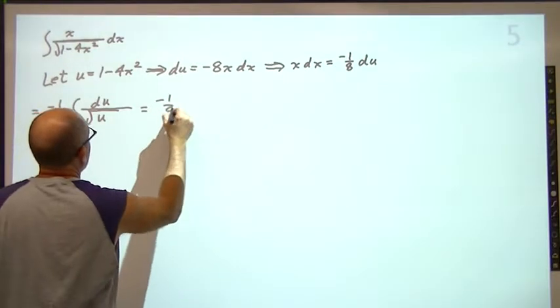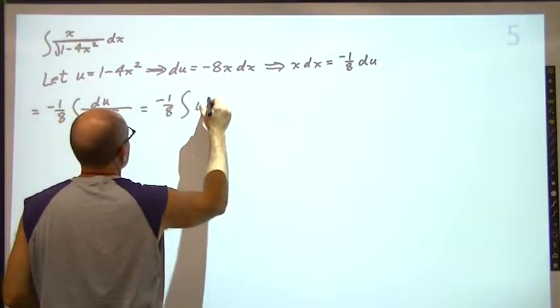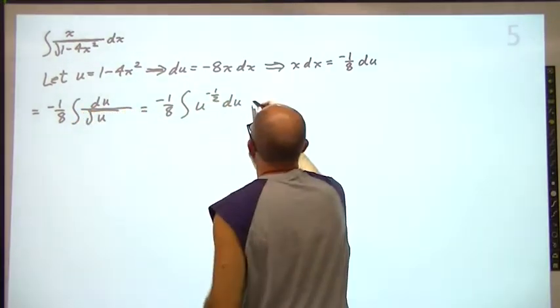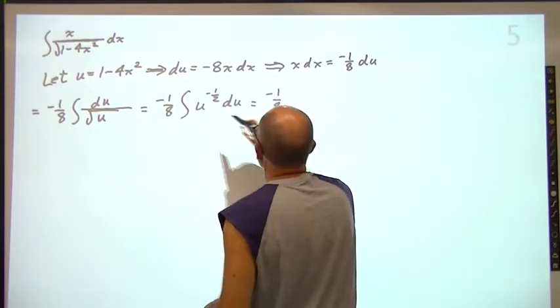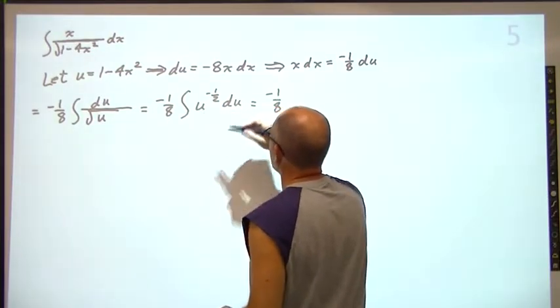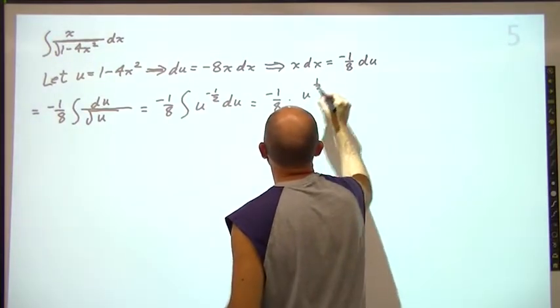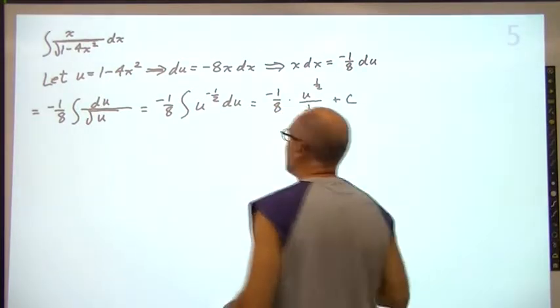I've got negative 1/8. Let's just make this u to the negative 1/2 du. Doing this integration gives us u to the 1/2 over 1/2, plus c.